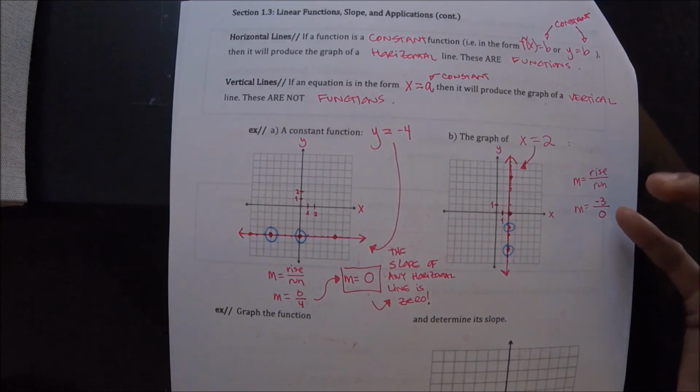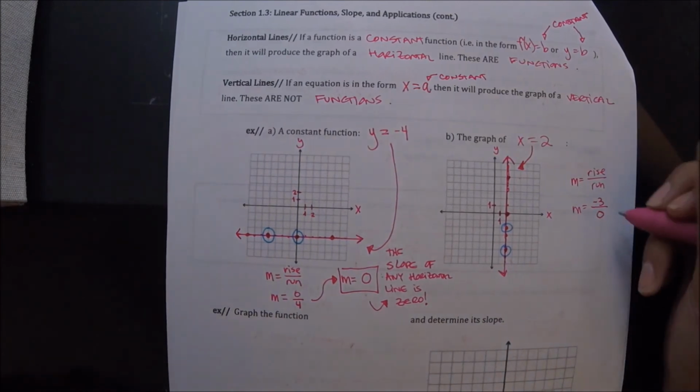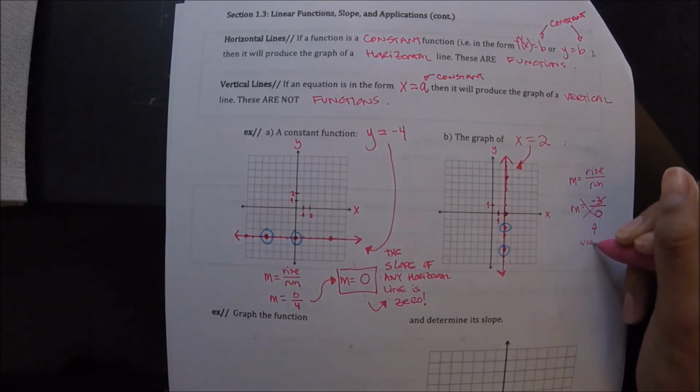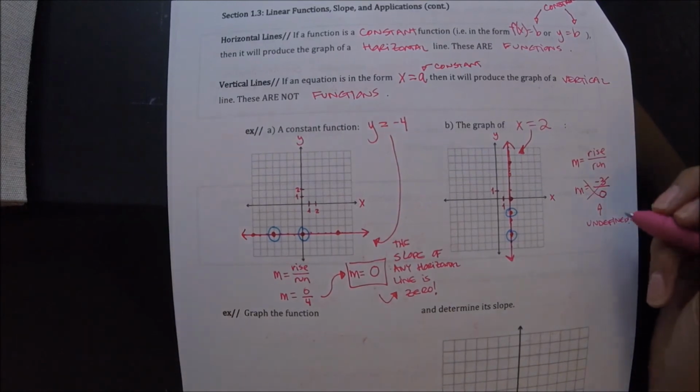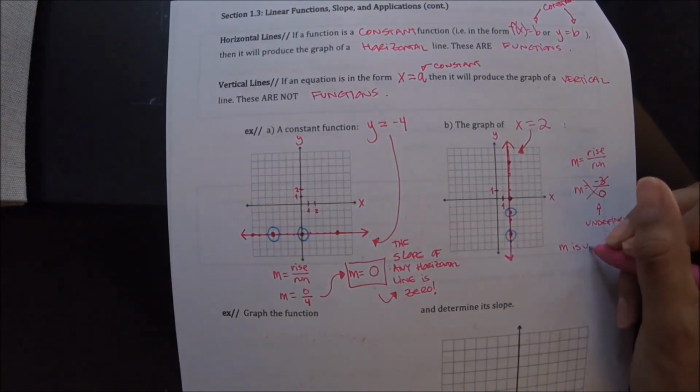And now looking at this should set alarm bells off in your head because we are never allowed to have 0 in the denominator. So this is undefined. So m is undefined.